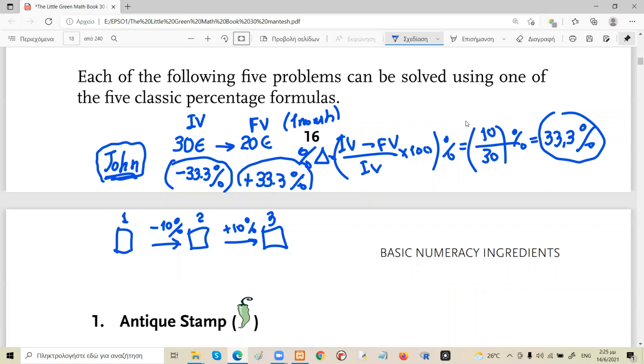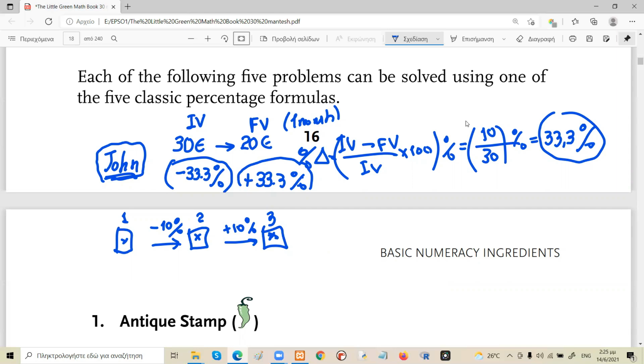So it falls by 10%, so you have a lower value here, and then it increases by 10%, so we have another value here that's larger than this. John believes that since it fell 10%, if it goes up 10%, it will go up to the old value.